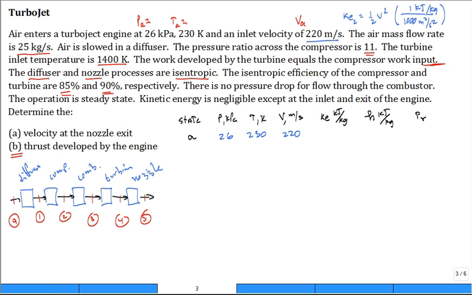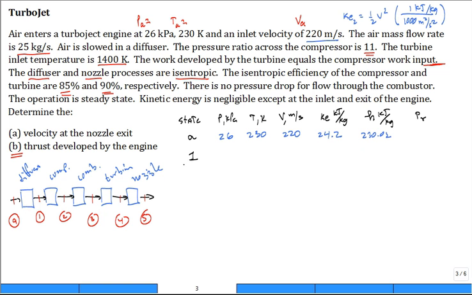That's right. So when we calculate that kinetic energy, it's 24.2 kilojoules per kilogram. And then we know that enthalpy is a function of temperature. At that temperature, it's 230.02.